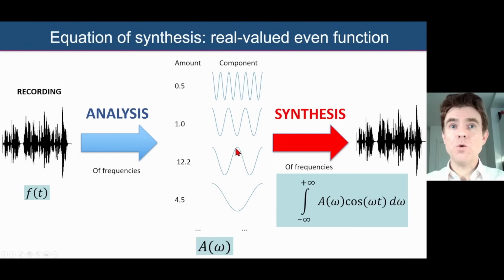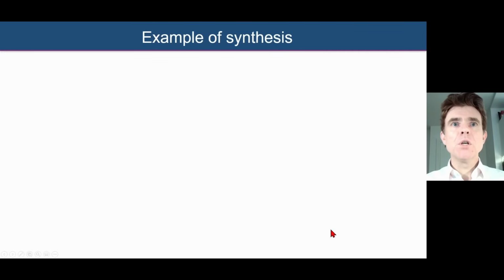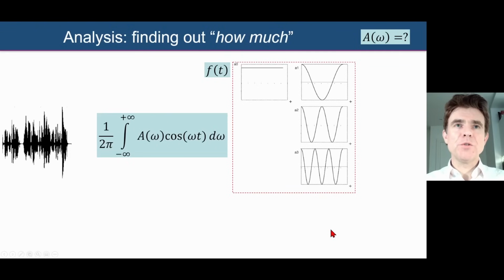That means we're summing all of these various waveforms. Again, I'm only showing a few of them there, with the amounts A for each. So that's the amount A of a particular frequency omega. We're summing over all of those with a little normalization factor to reconstruct or to reform the original, to synthesize the original function f of t. So that's the synthesis for a simple, real-valued, even function. Okay, so that was an example of synthesis.